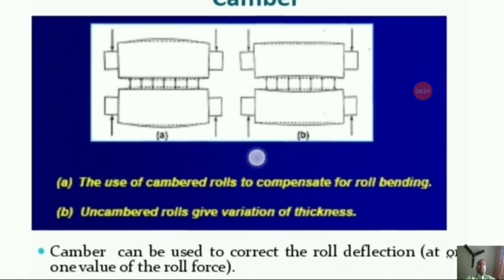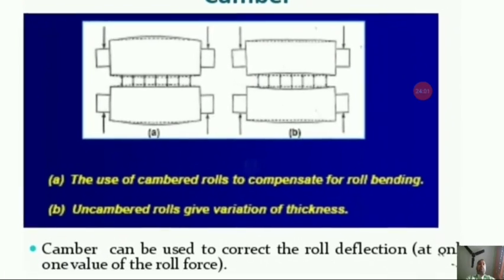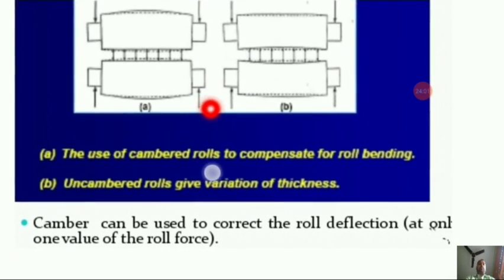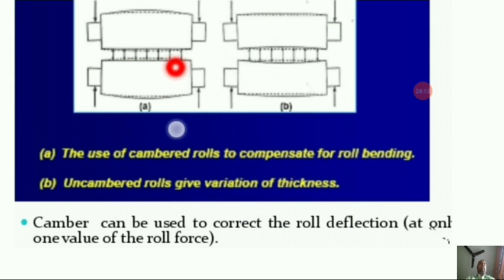Now, camber. You can see over here the production of camber: the use of cambered rolls to compensate for roll bending. So we use cambered rolls to compensate for roll bending. Otherwise, there may be a variation in the thickness.